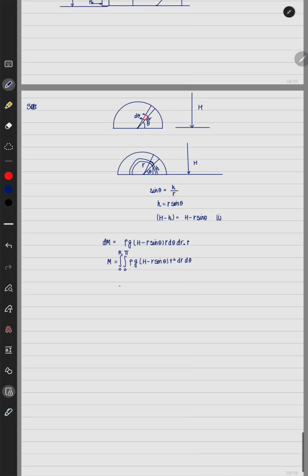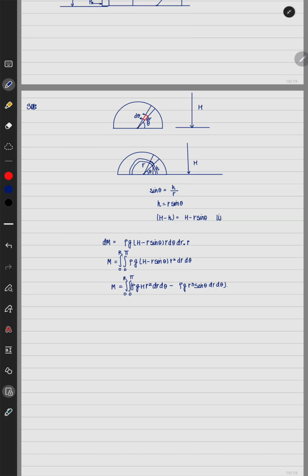So if you integrate this, what you will get is rho into g into H into r square into dr into d theta, minus rho into g into r cube into sine theta dr d theta. The integral will act on both, and the limits will be 0 to pi and 0 to r.